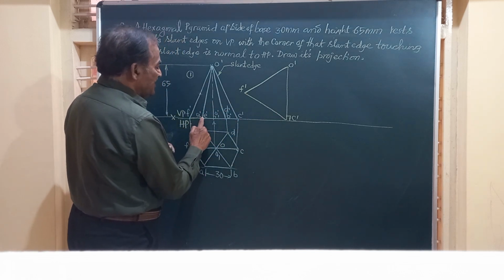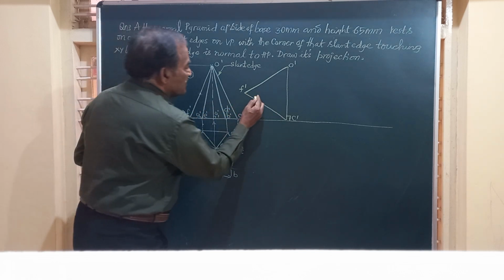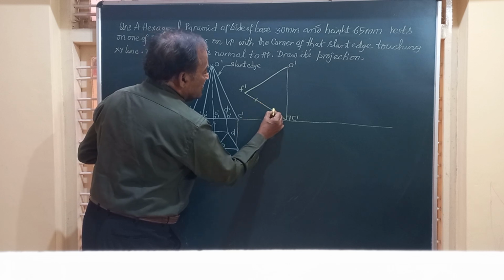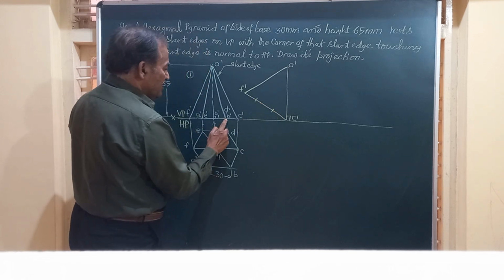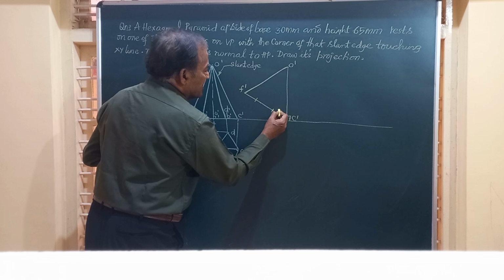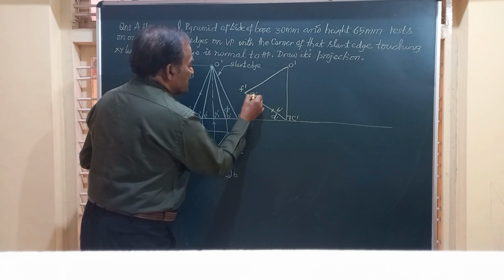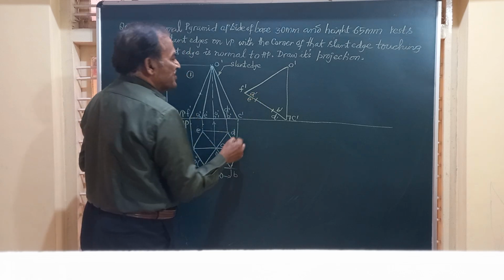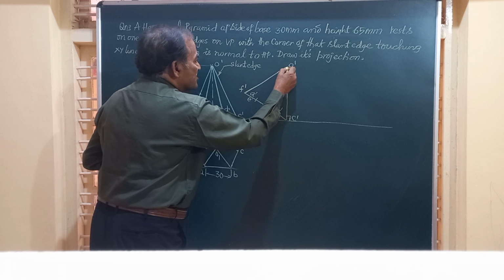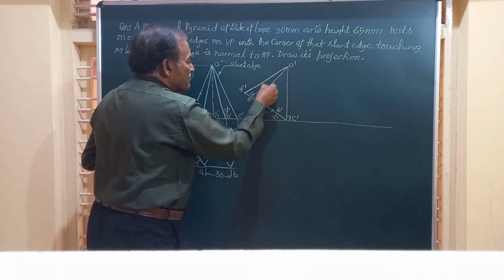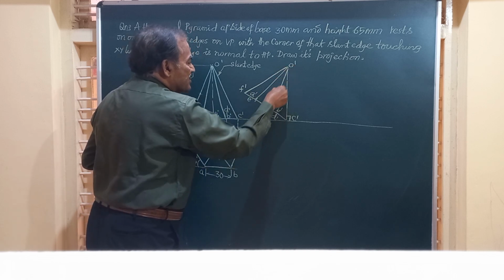Then locate AE at this distance on this. This is going to be AE and this is going to be point D and B, B dash D dash. So I will call it as B dash D dash, and this point is A dash E dash. Friends, I am going to join this to the vertex by straight line.